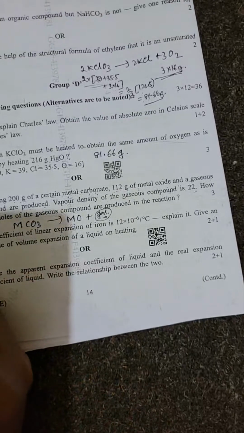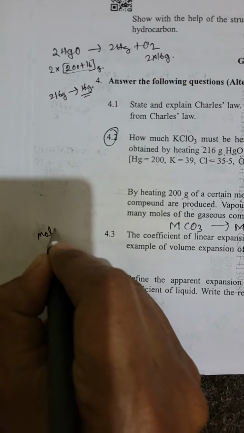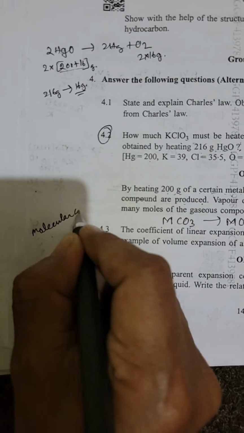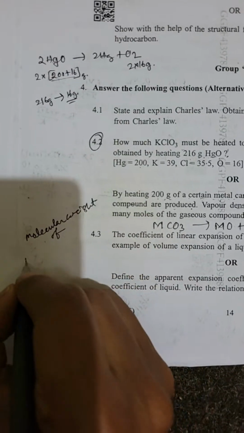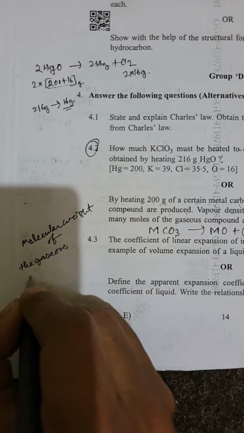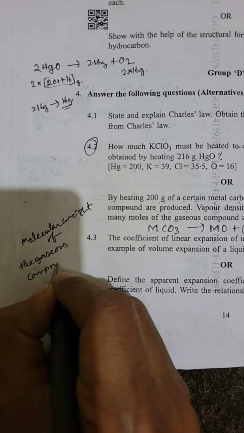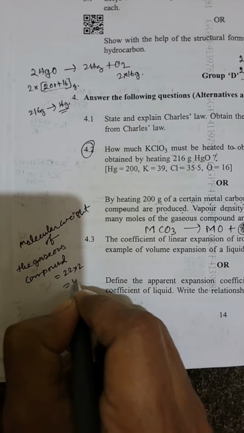So the molecular weight of the gaseous compound is 22 multiplied by 2, which is 44.